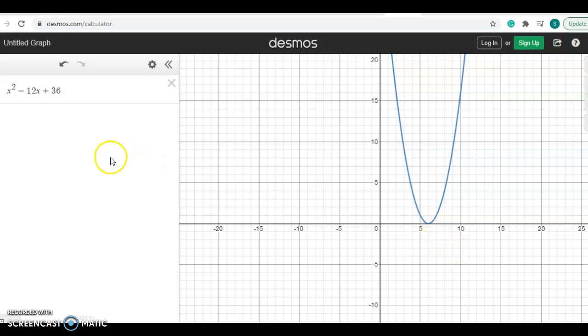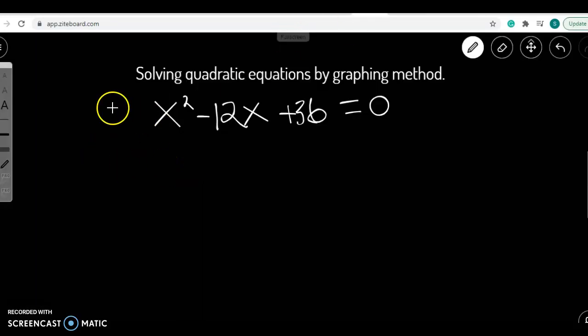Sometimes we get no solution, sometimes we get 1. Here is the case. Here it touched the x-axis only 1 time, and this number here is 6. So we got 6. Now let's go back to our drawing board. So here we got x equals 6.